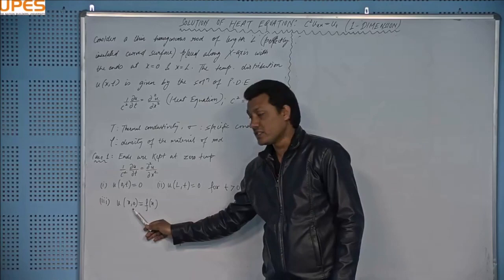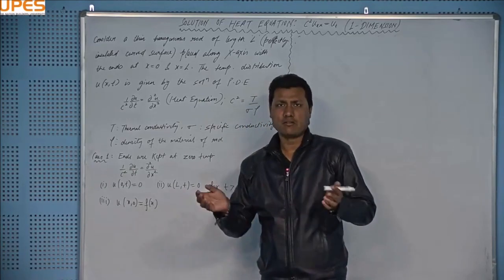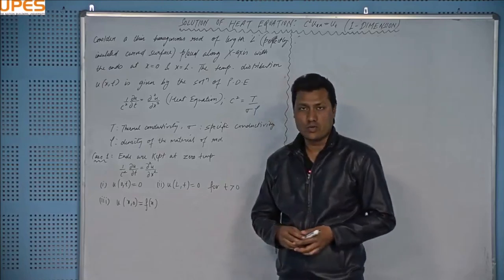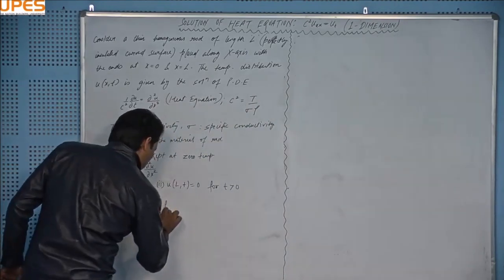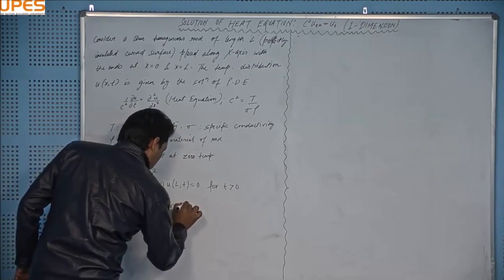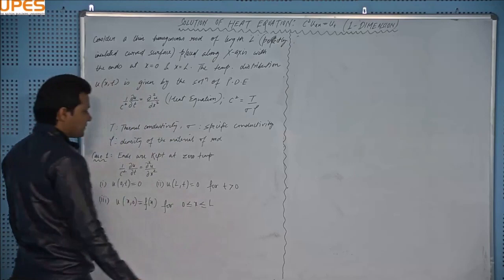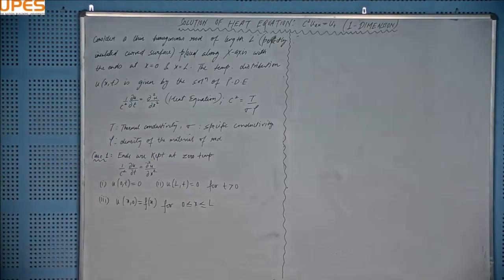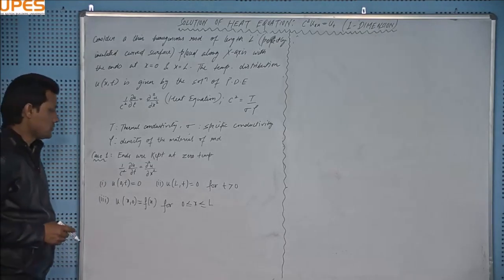Here t is equal to 0, the initial temperature, and that may be of any form, triangular, sine form, cos form, any one, for all values of x lying between 0 and L, right? So these are the initial and boundary conditions on the rod.